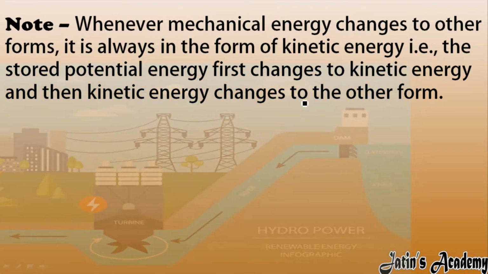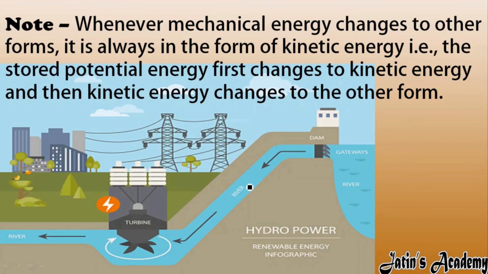For example, kinetic energy in water rotates a turbine and generates electricity. So in this case, what is actually happening? First the stored form of mechanical energy, which is potential energy, is converted into kinetic energy and then kinetic energy transforms into another energy.